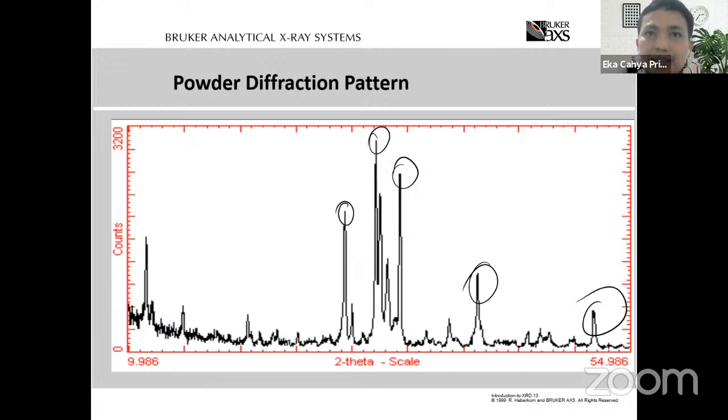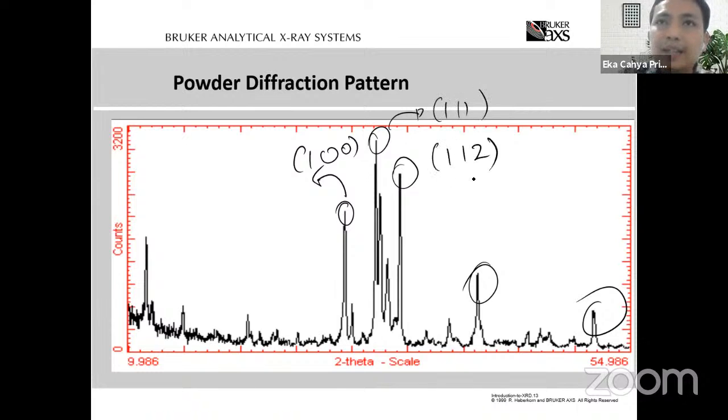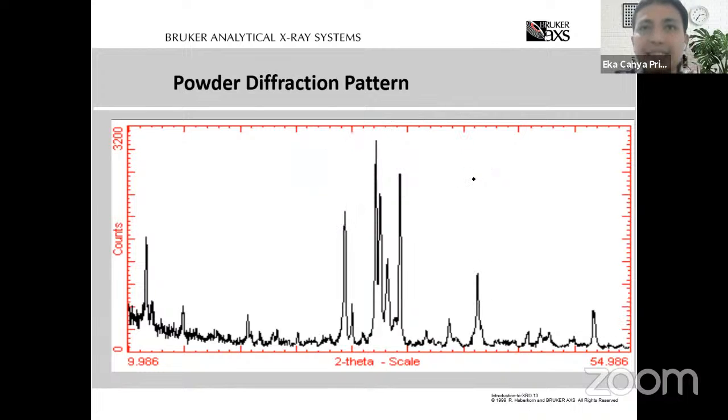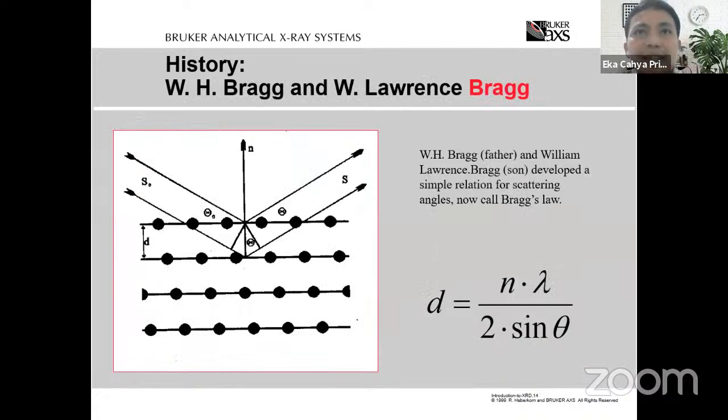The crystal structure could be BCC or FCC, and it also refers to the planes, for example 100, 111, and 112. We will discuss it later. So this is the phenomenon that happens.